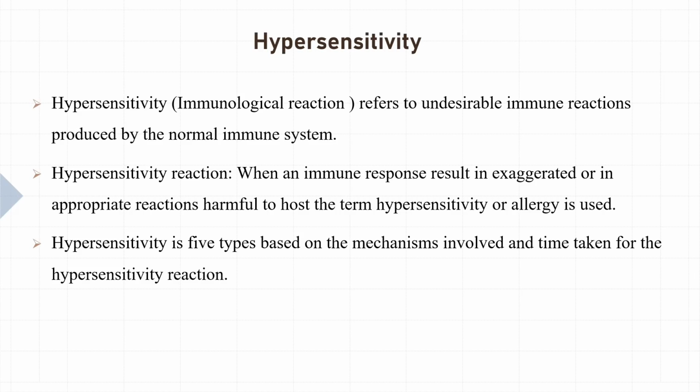The allergens might be extrinsic or intrinsic factors. Extrinsic is when an antigen is introduced into the body from outside. Intrinsic is a factor which remains within the body and causes a hypersensitivity reaction.